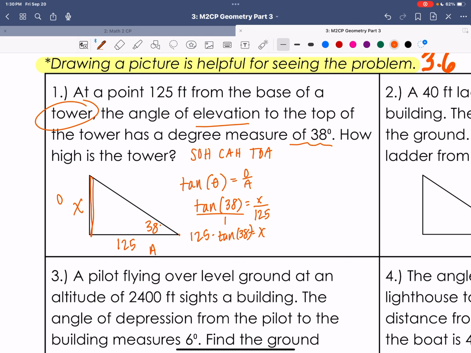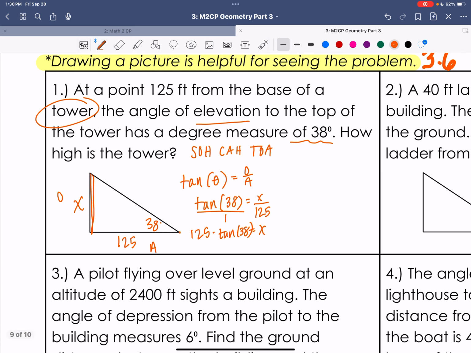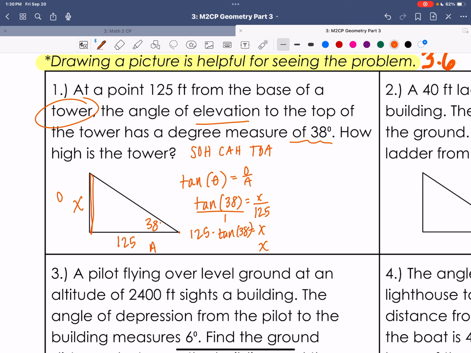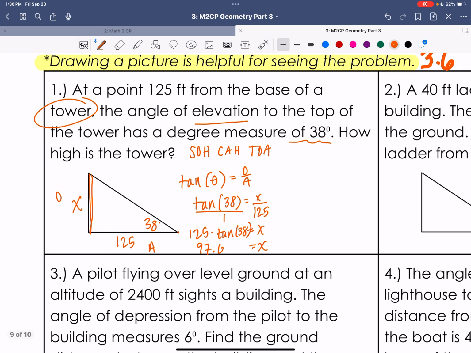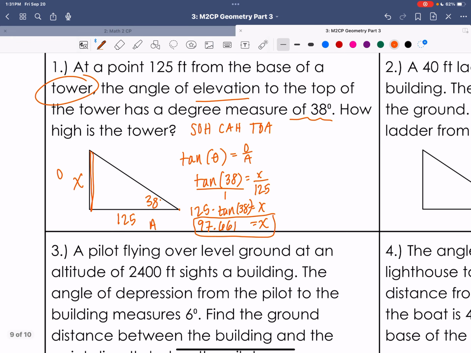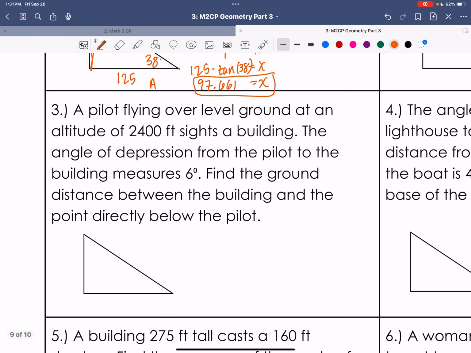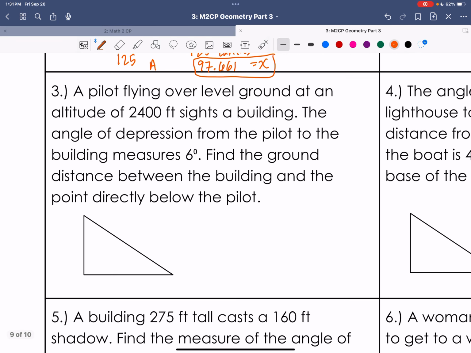And then you'll get x equals, and we're going to round to the nearest thousandth. So that's telling us our tower is approximately 97.661 feet tall.